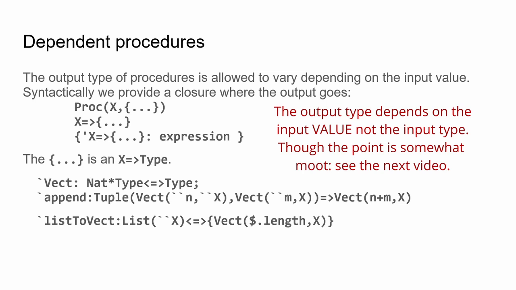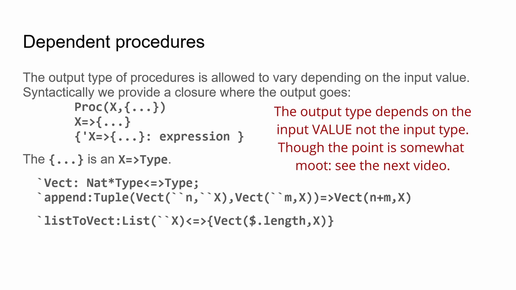Now, as I say, we're doing dependent types here, and this all comes in a collection of other dependent things, and dependent procedures are one of them, where the output type of the procedure is allowed to vary depending on the input type. And syntactically, we have a convenient way to write that, which is that we just put the output type in braces and provide the expression for the type in those braces.